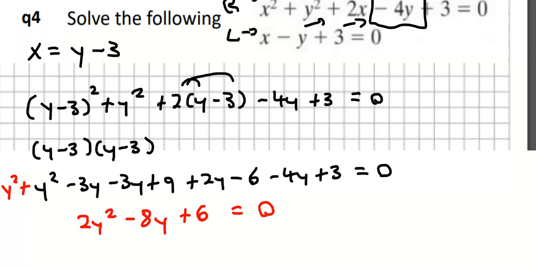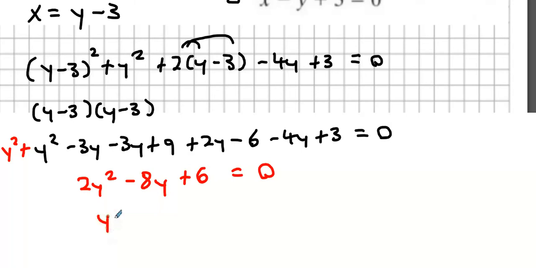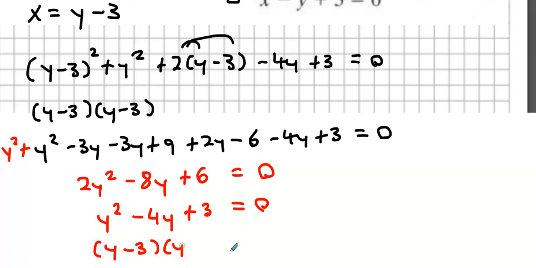Divide both sides by 2 makes my life a bit easier. Two numbers that multiply to give you plus 3 but add to give you minus 4. y equals 1 and y equals 3. Okay with that? Alright, guys.